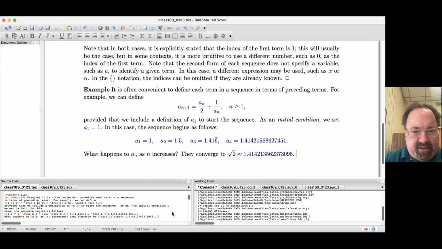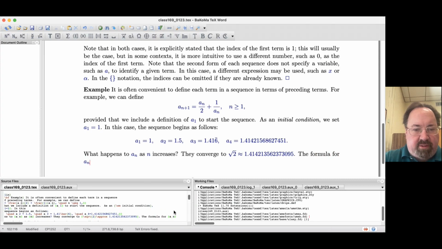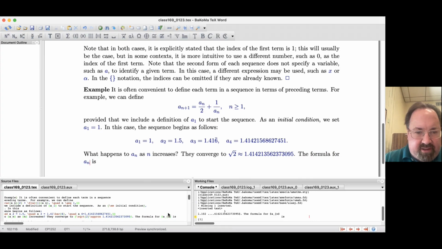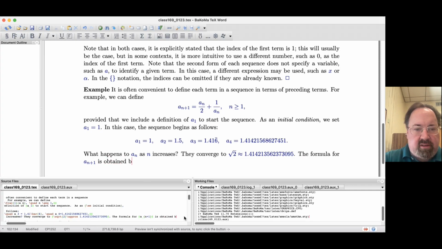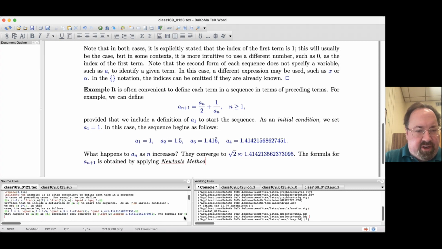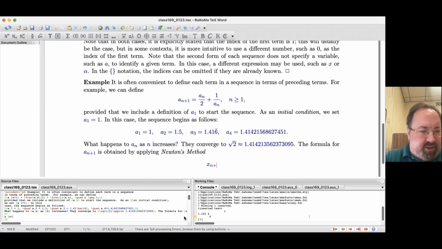And as an aside, the formula for the n plus 1 term of the sequence in terms of an comes from applying what is called Newton's method, which in general is given by this iteration.